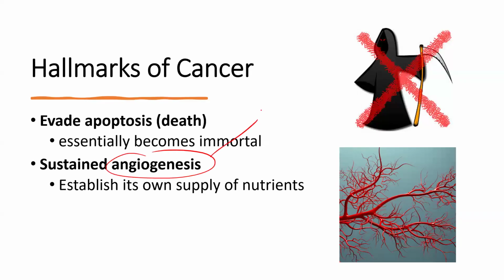That's what angiogenesis is. Create new blood vessels, okay? And these new blood vessels basically leech resources from surrounding tissue, whether it be nutrients, oxygen, and all these nutrients are going to fuel the rapid growth of the tumor.